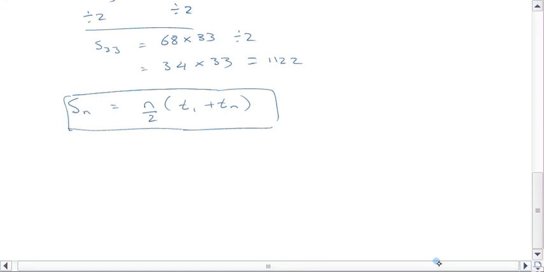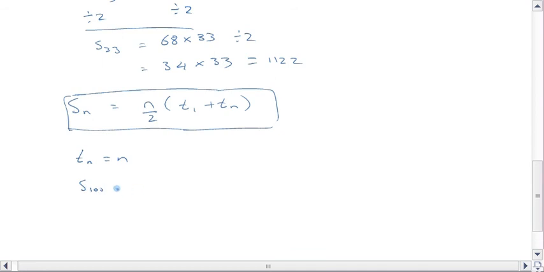What I'd like to do now is go ahead and check that this is actually going to give me the same answers that I got before. So let's take tn is equal to n and work out S100 again using this formula.